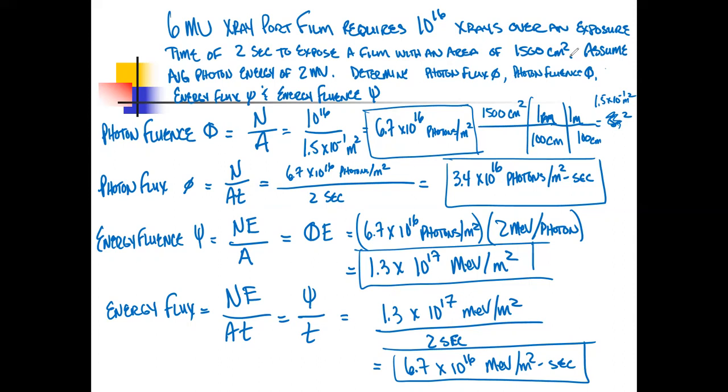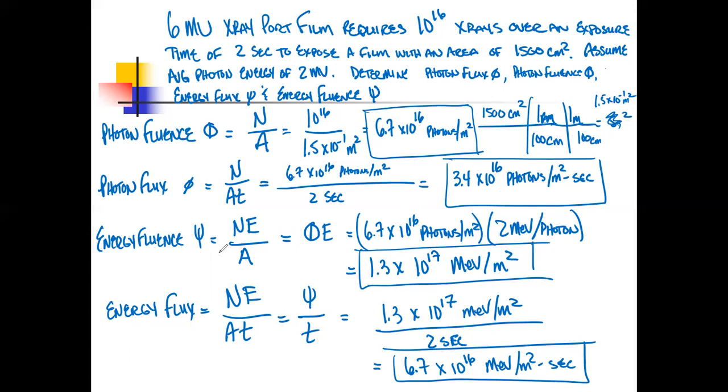And this happens, I believe, over a time of 2 seconds. So when we do that, this is what we come up with. The flux is going to be this number of photons divided by meters squared second.